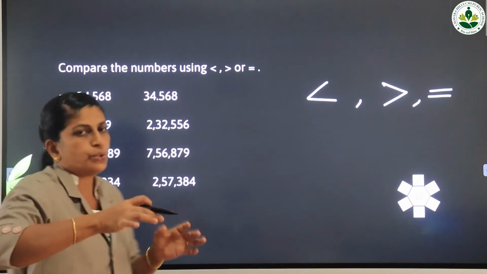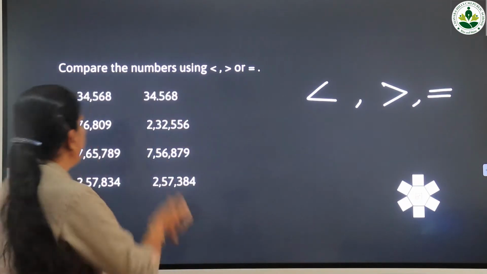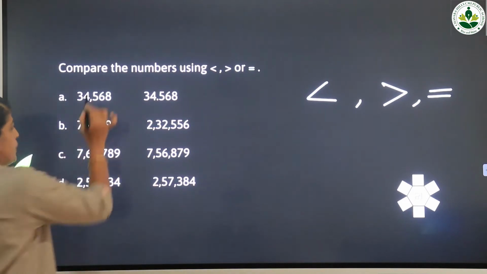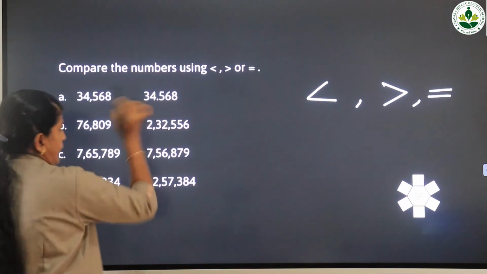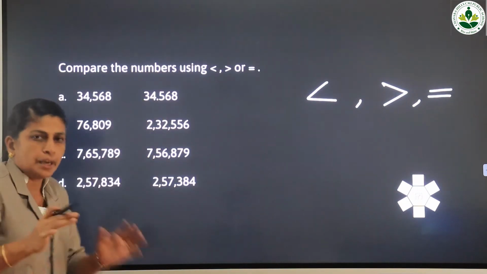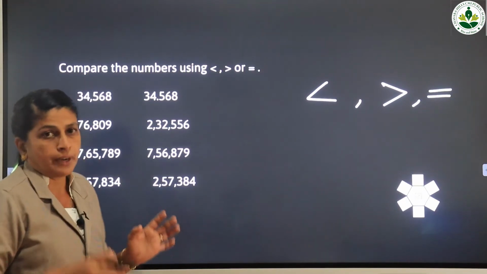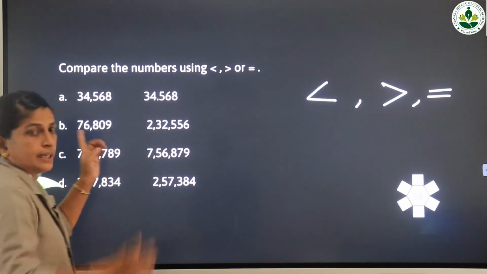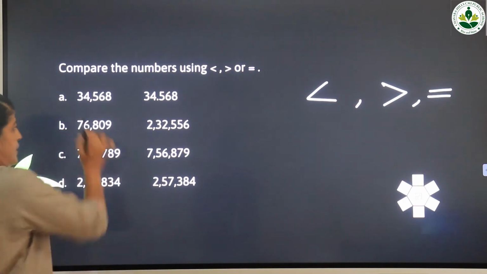Look at the number of digits. To compare, what should we do? First check the number of digits. How many digits are there in the first number? 1, 2, 3, 4, 5. 5 digits are there. In the second number also there are 5. The number of digits is the same. Then we need to compare the digits from the leftmost place. For the first number, the leftmost digit is 3.